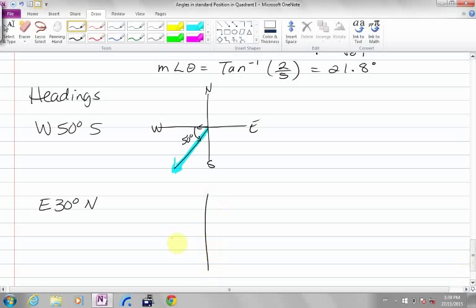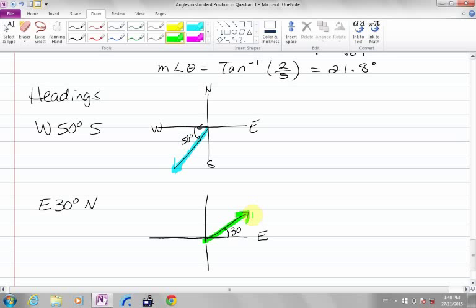Okay, so we would be starting by going an easterly direction, and we would adjust that easterly direction 30 degrees towards the north. So our overall direction would be as shown.